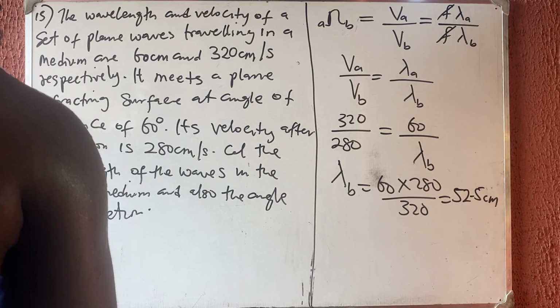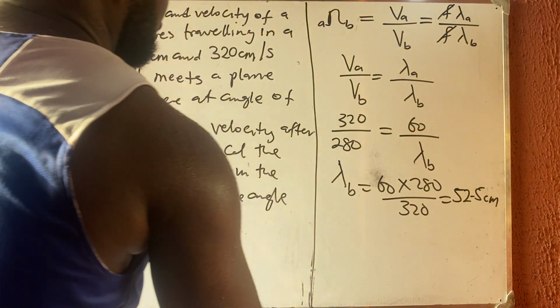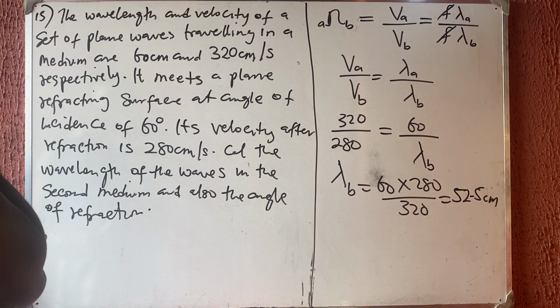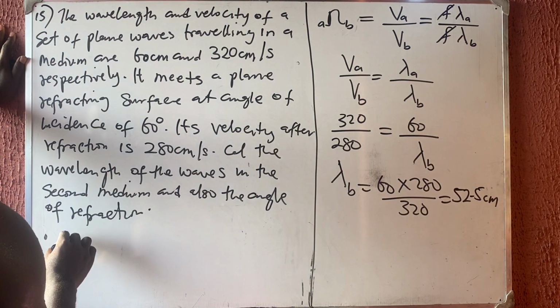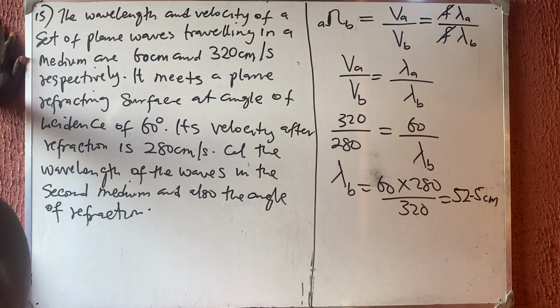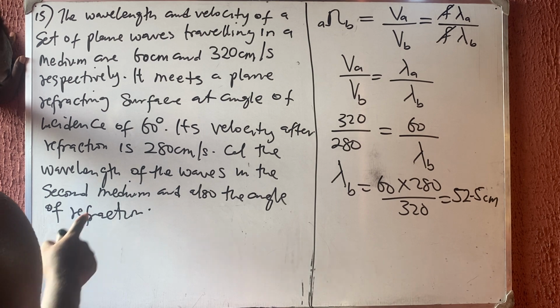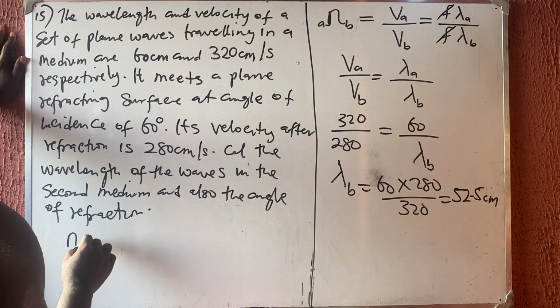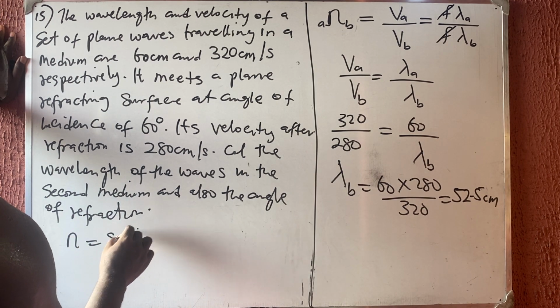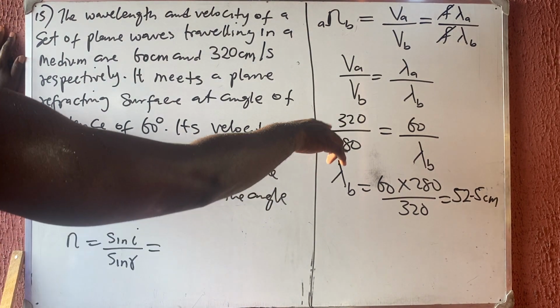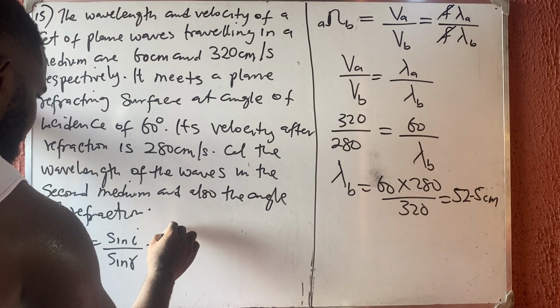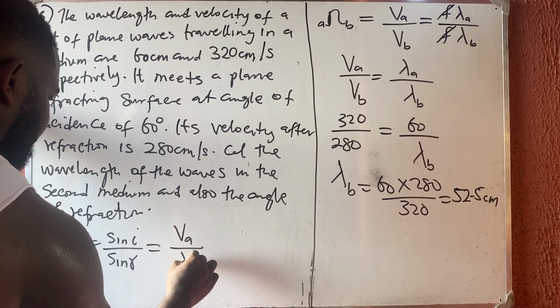All right, so having this now, what do we do next? They say we should calculate the angle of refraction. Do you know that the refractive index is equal to sine i over sine r, which, if I like, I use wavelength, if I like, I use V, which is VA over VB.